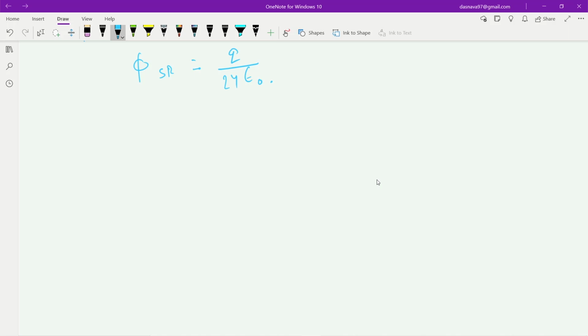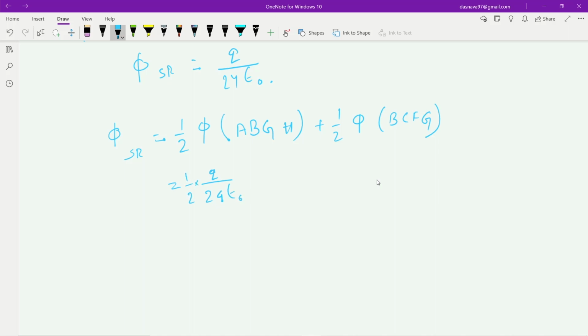So as it lies on half the portion of two sides, we can write phi equals half of phi of surface ABGH plus half of phi of BCFG, equals half of Q by 24 epsilon naught plus half of Q by 24 epsilon naught.